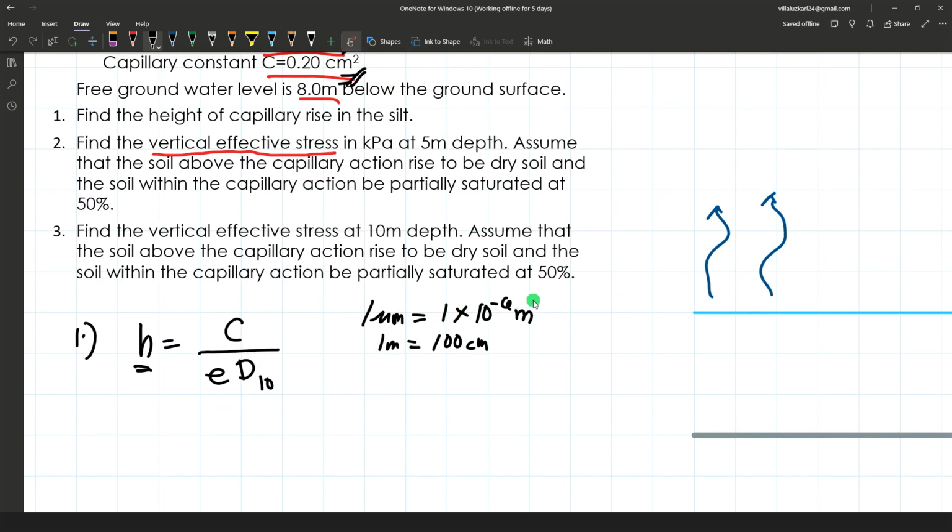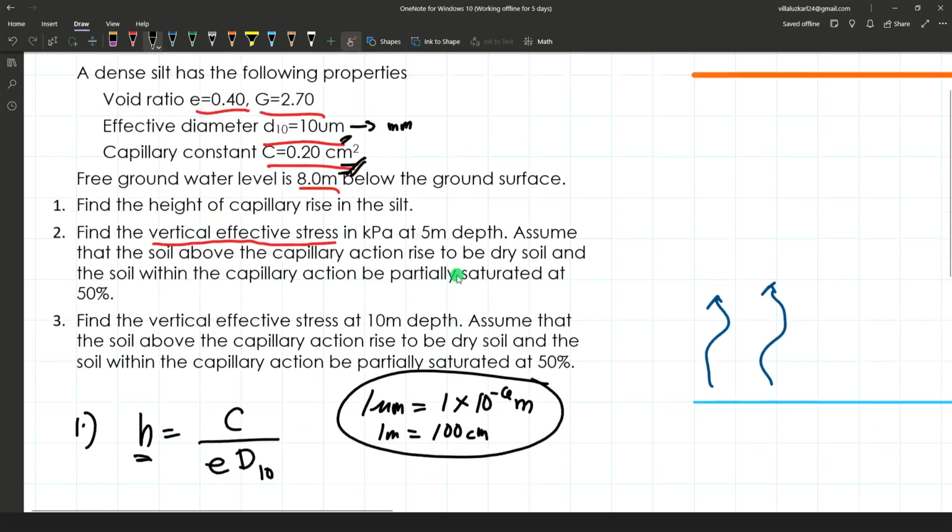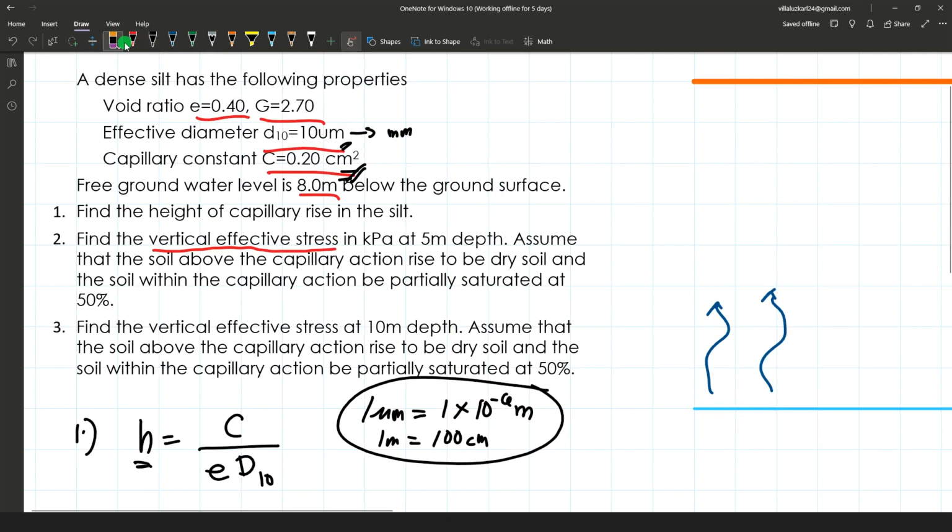So these are the conversion factors. To convert this 10 micrometers, just multiply 1 times 10 raised to negative 6 meters, and from meter to centimeter, just multiply 100 centimeters over 1 meter, so that these units will be cancelled out.